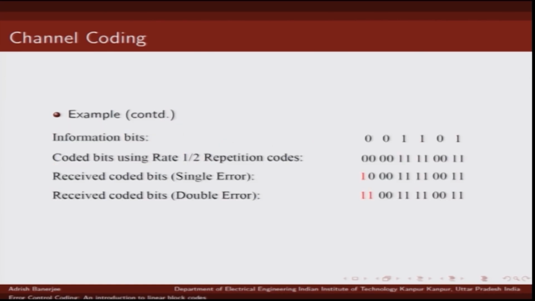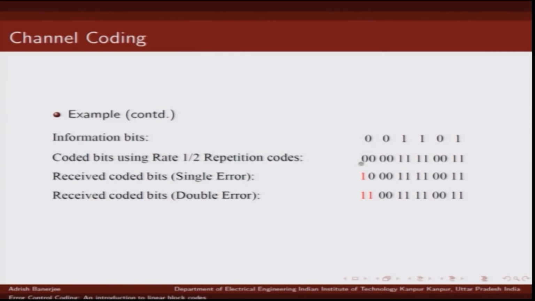So, let us take this example. Let us say I want to transmit this set of bits: 0 0 1 1 0 1. Now, if I use a rate 1/2 repetition code, what would be my coded bits?